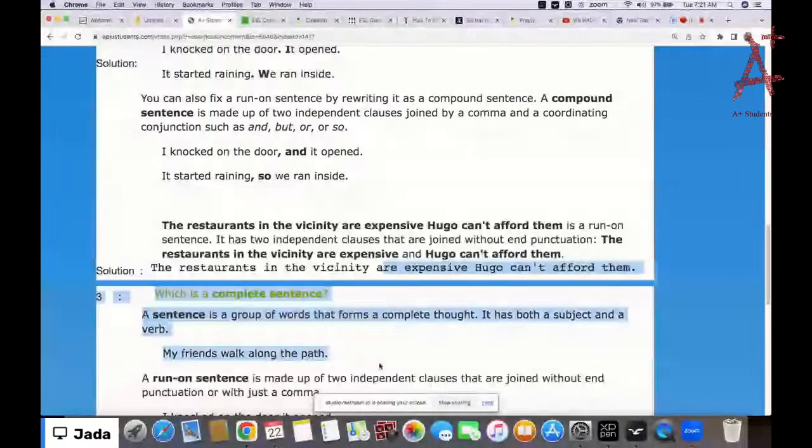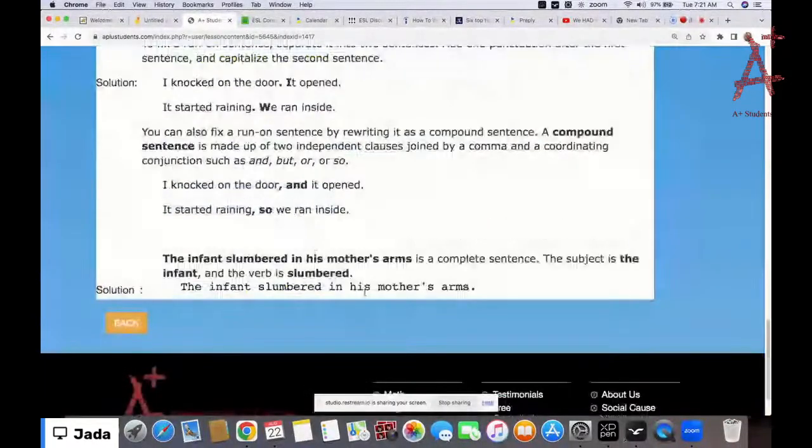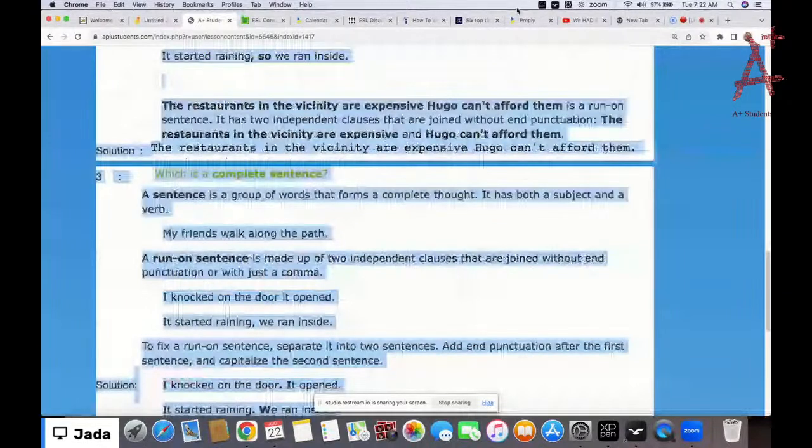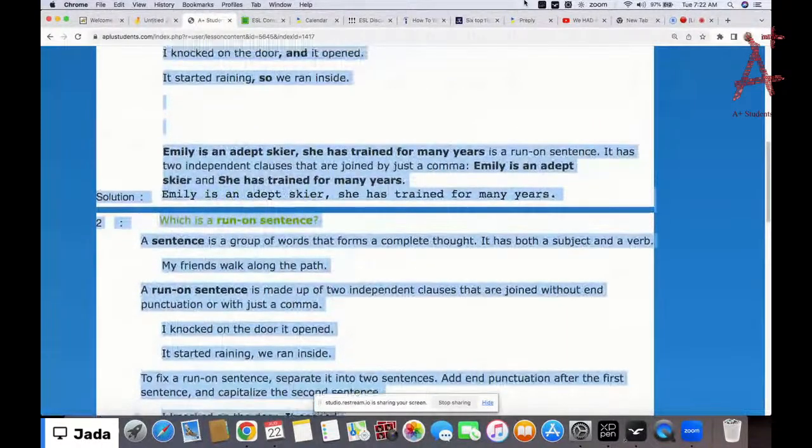Let's go see some more examples that we need to check. So the infant slumbered in his mom's arms is a complete sentence. The subject is the infant and the verb is slumbered. So that's it. We'll move on to the test and see some more questions.